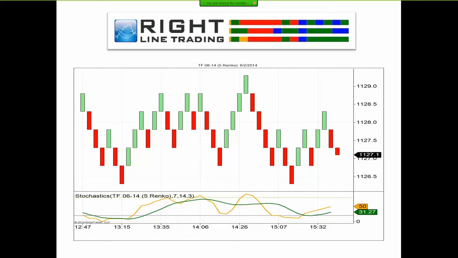Alexander Elder is the inventor of the triple screen method, which is essentially how we modeled our software package. So you really learn a lot from that book. I have a bookcase full of books, and most of them I have bookmarkers in, like halfway through, where I kind of gave up on them. But his book is just wonderful. So it's Trading for a Living.